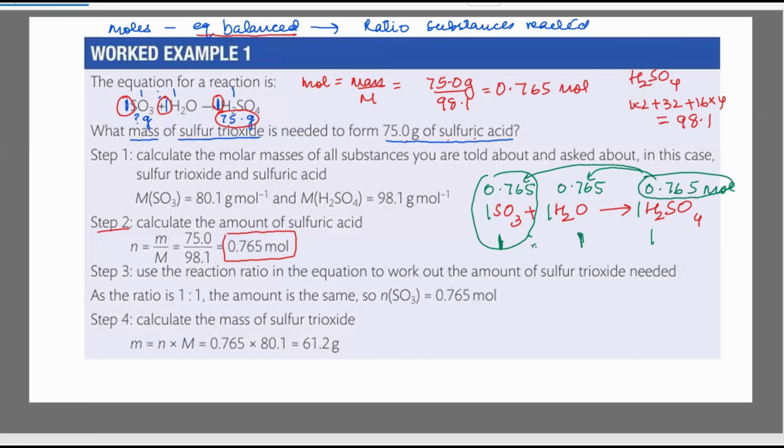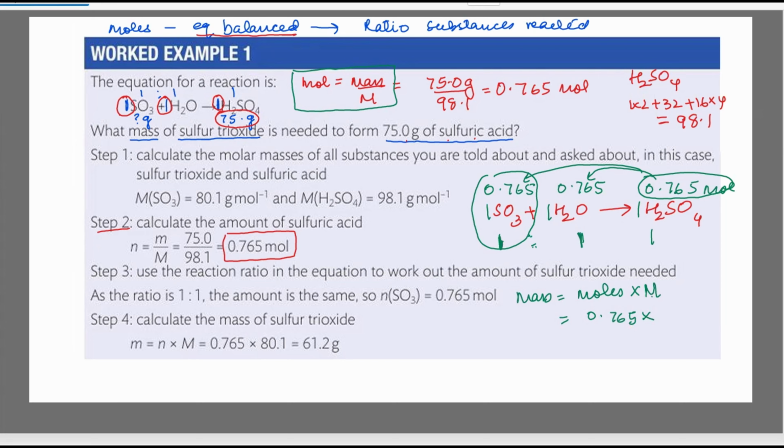Again we'll use the same formula, but this time rearranged because we need to calculate the mass: mass equals moles times molar mass. Moles we already have, 0.765, multiplied by the Mr for sulfur trioxide.